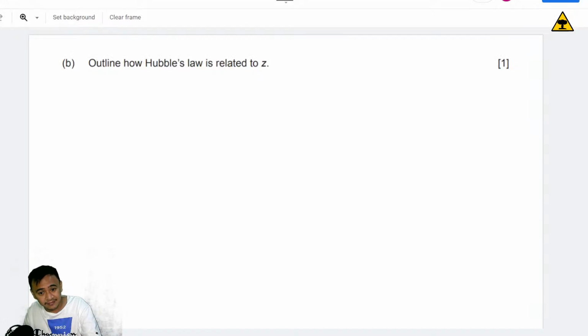So H is equal to the relative velocity of light divided by distance from Earth. So how is this related to Z? I don't know.